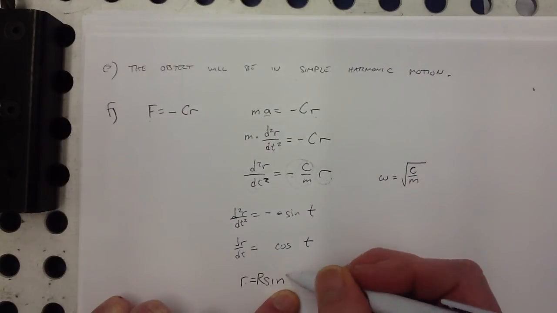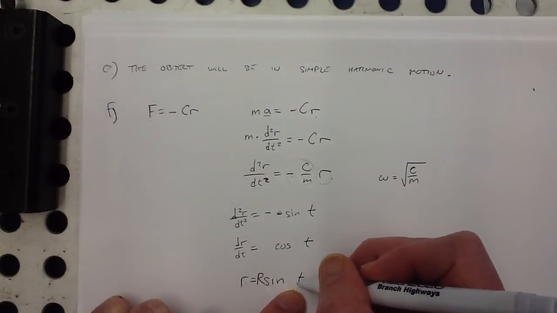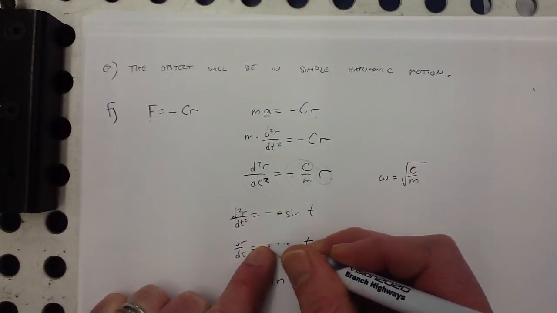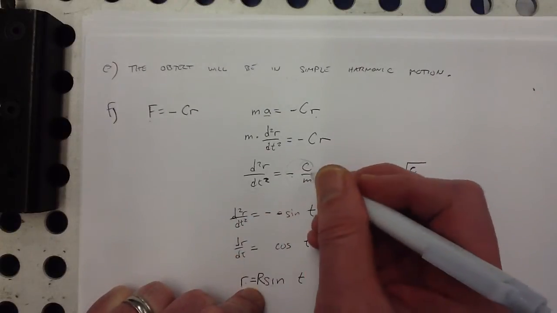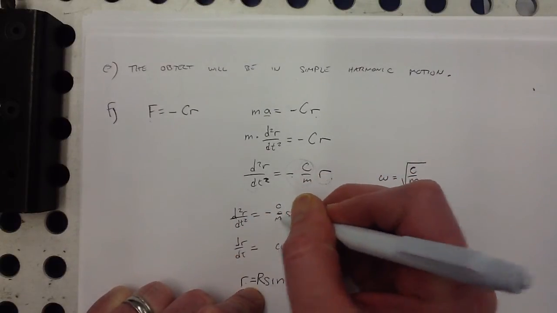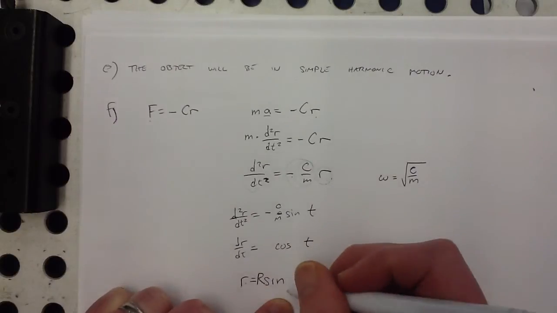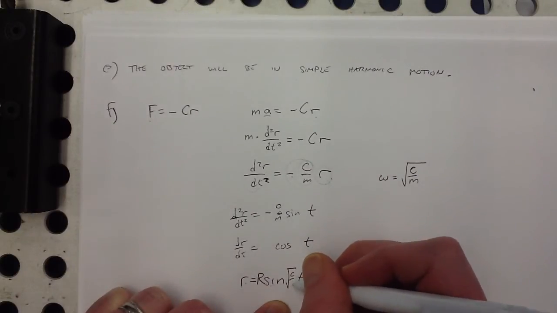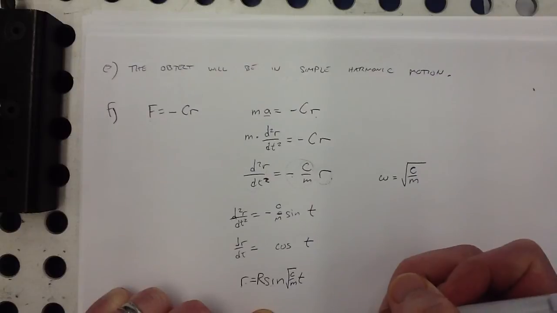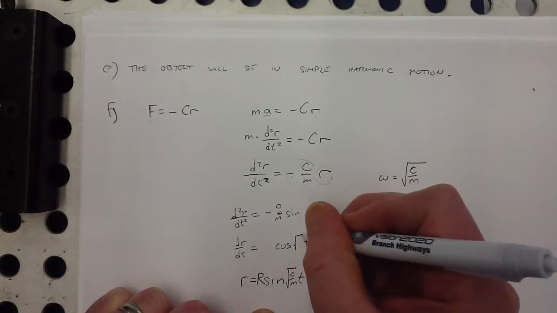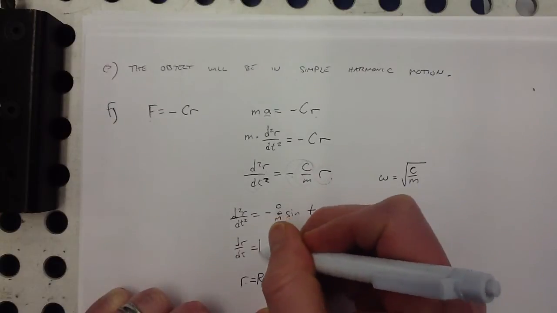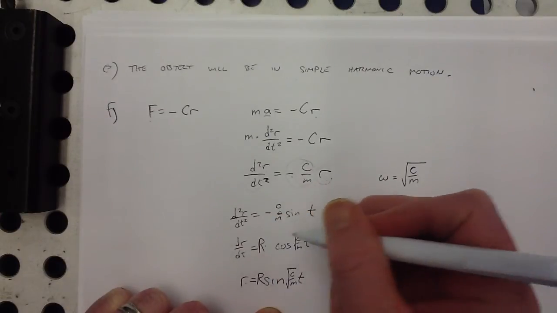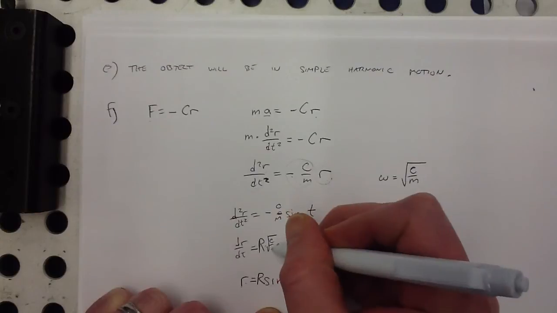Well, if you look at what's happening here, we need something such that when we take the derivative of what's inside, it's going to pop out, and then it's going to pop out again. So whatever's here, the c over m, we need to have the square root of it in here, right? Because then, when that pops out the first time, r times the derivative of what's inside is going to be c over m.